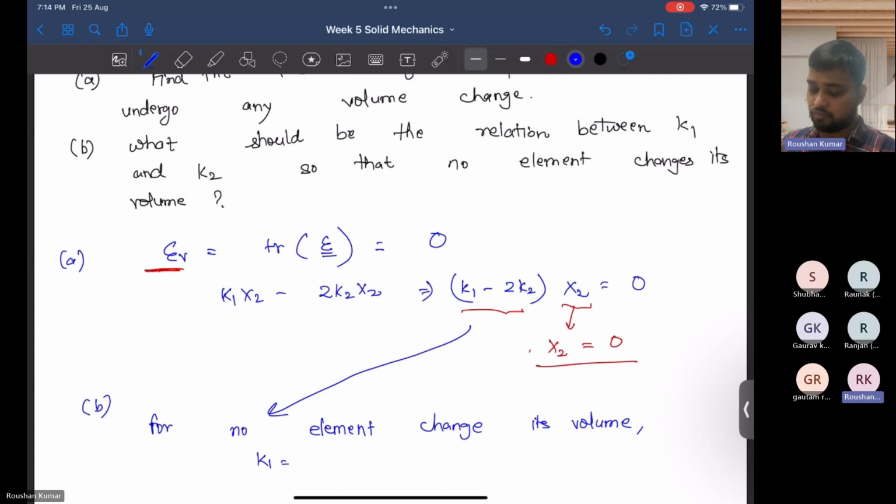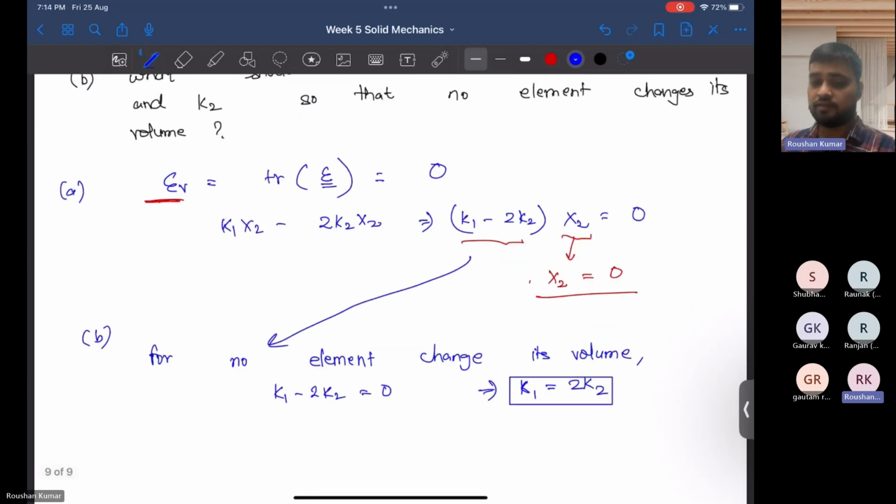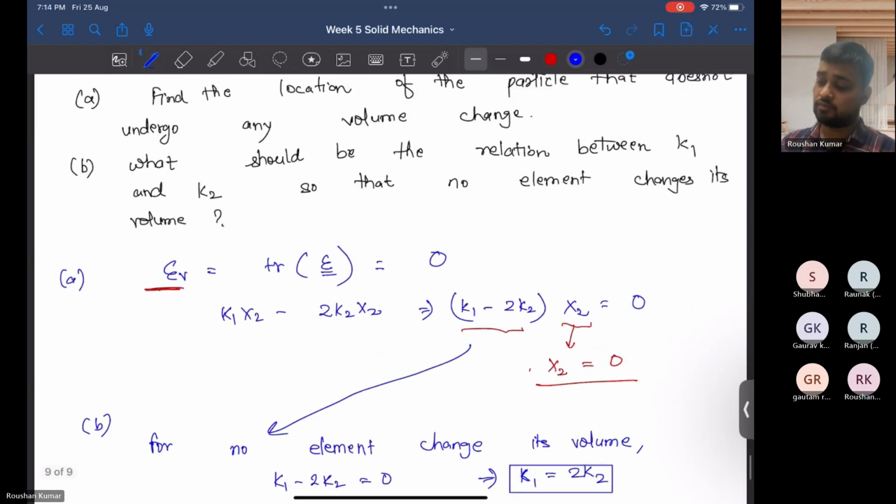That is, K1 minus 2K2 has to be 0, which gives us K1 equal to 2K2. So for no element to change its volume, we must satisfy K1 equal to 2K2.